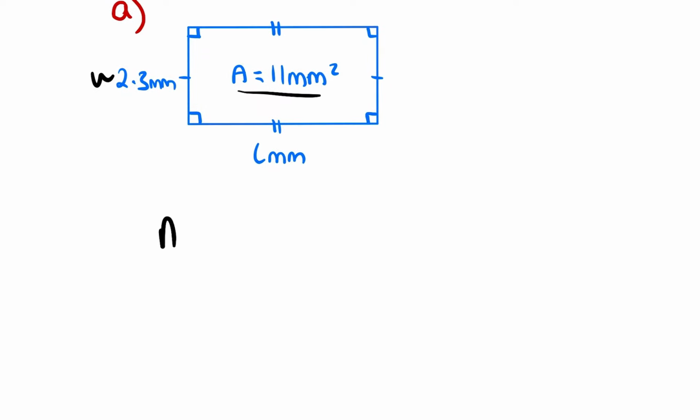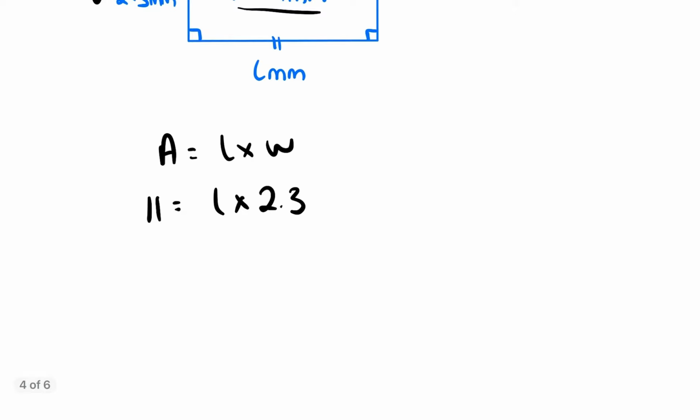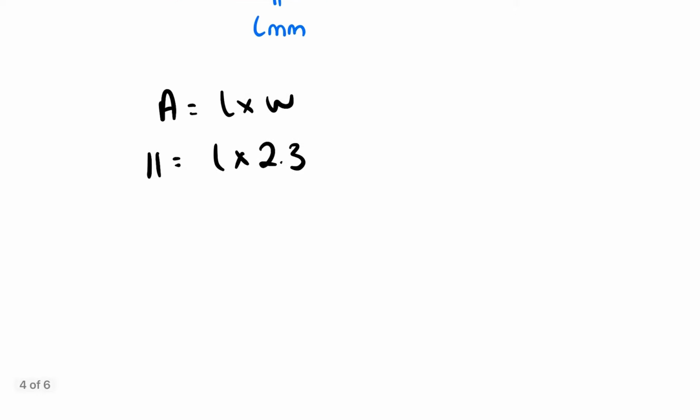If we remember, area of a rectangle is length times width. Now we've been given that area, which is 11. We haven't been given our length, but we've been given our width of 2.3. So now we've got to solve to get our L. We need to divide by 2.3 on both sides, and that cancels those out.